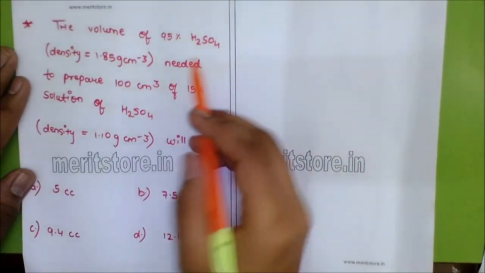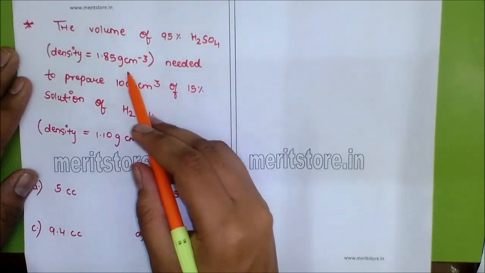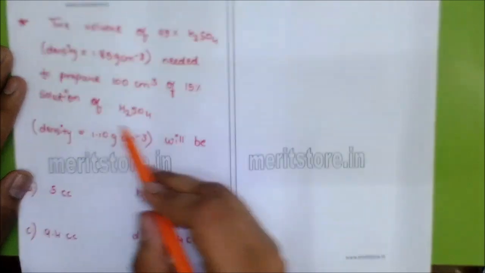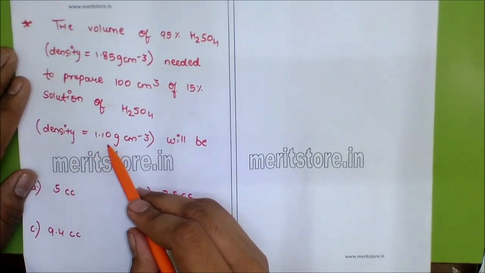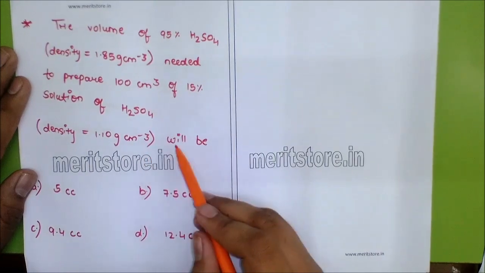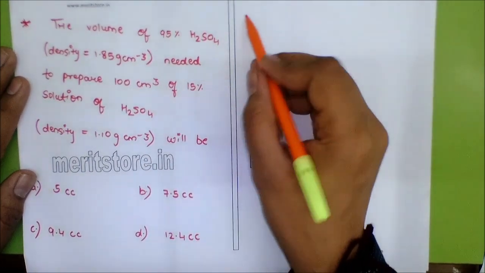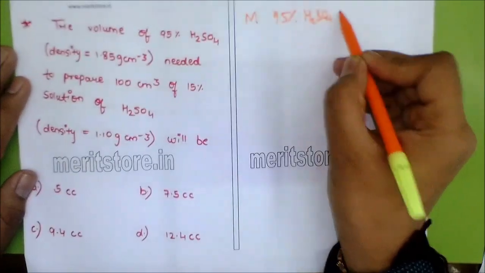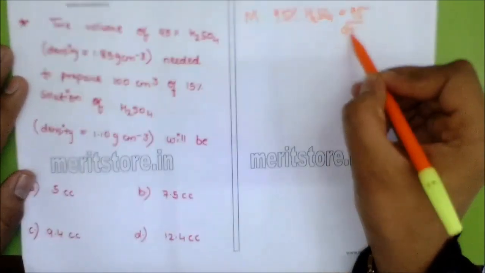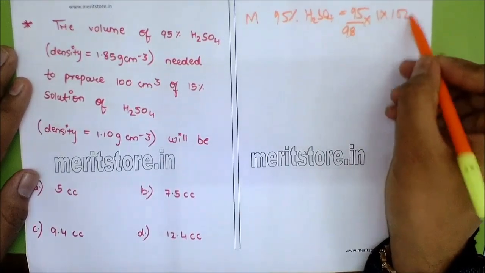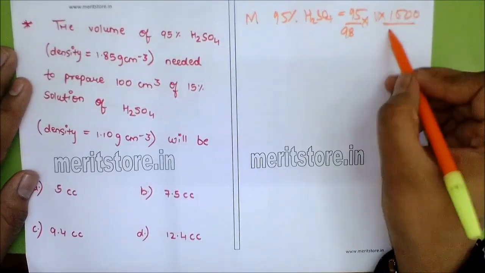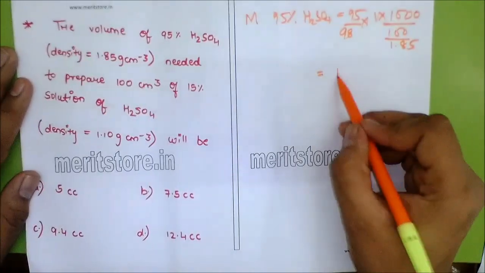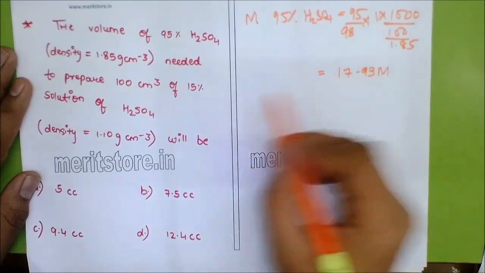The volume of 95% H2SO4, density 1.85 gram centimeter cube inverse, needed to prepare 100 centimeter cube of 15% solution of H2SO4, density 1.10 gram centimeter cube inverse, will be. We know molarity of 95% H2SO4 is equal to 95 upon 98 into 1000 upon 100 on 1.85, which is equal to 17.93 molar.